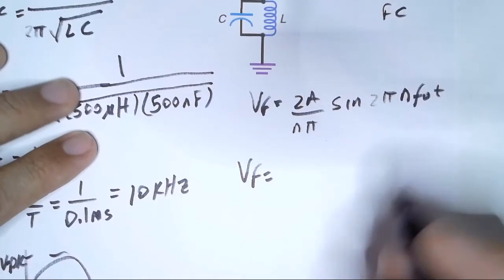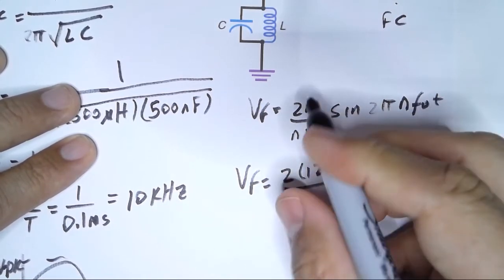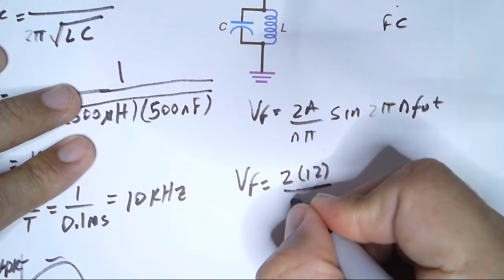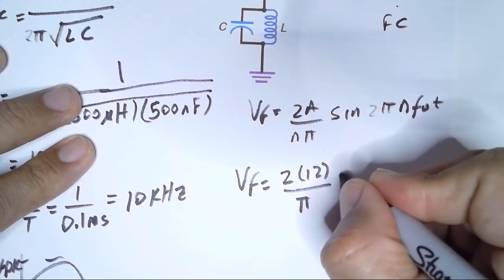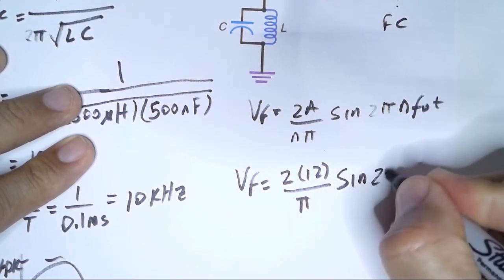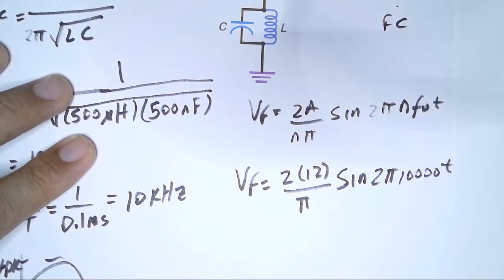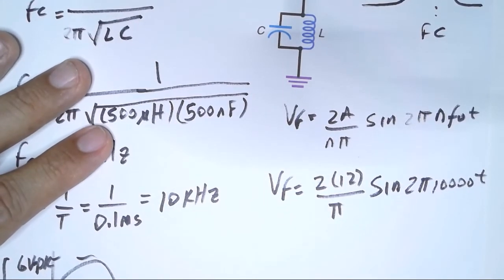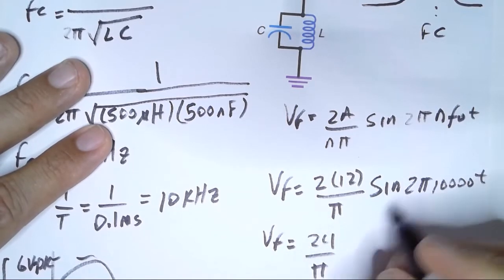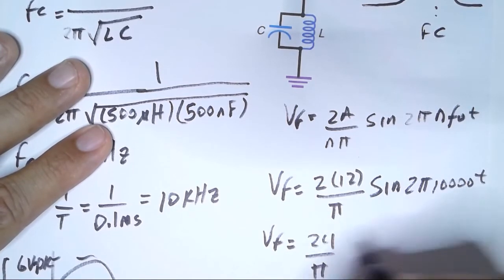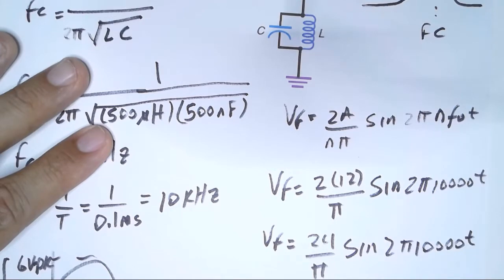So 2 times A is 2 times 12 over pi, times sine of 2 pi times 10,000 t, and that's equal to 24 over pi times sine of 2 pi 10,000 t.